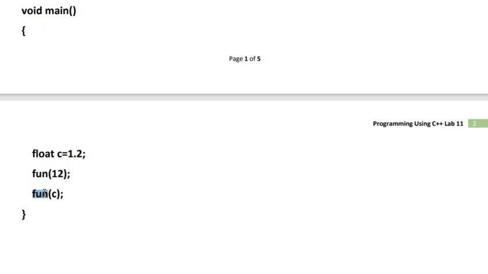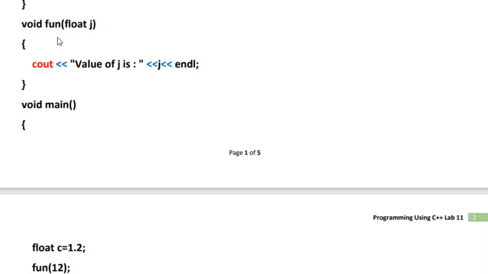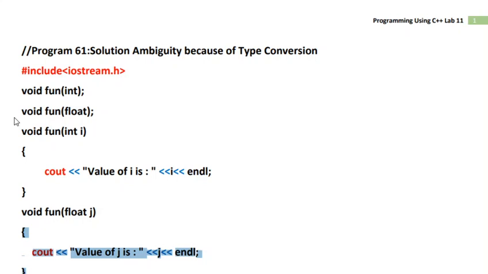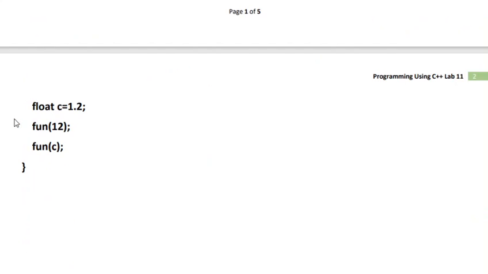And whenever I call the function fun by passing c, since c is a floating point number, there's a match between the data type. So this particular version of the function will be called. This may be one of the solutions to the ambiguity problem because of the type conversion.